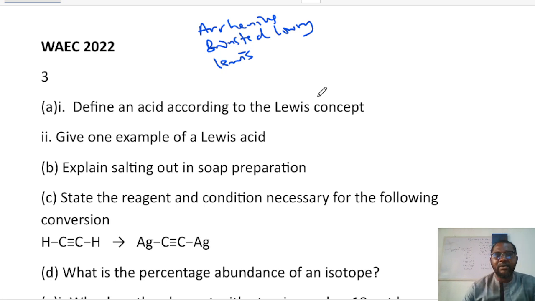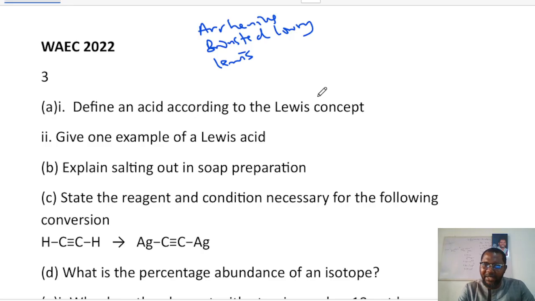Now an Arrhenius acid is an acid that produces hydrogen ion as the only positive ion when dissolved in water. And an Arrhenius base is a substance that produces hydroxide ion as the only negative ion when dissolved in water.